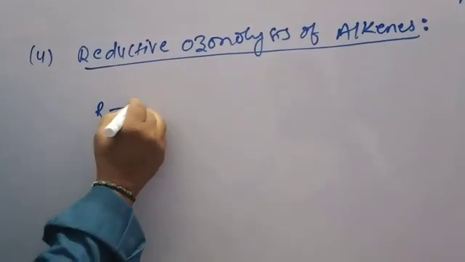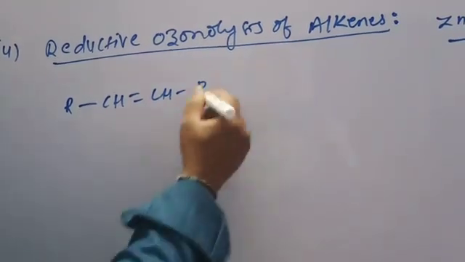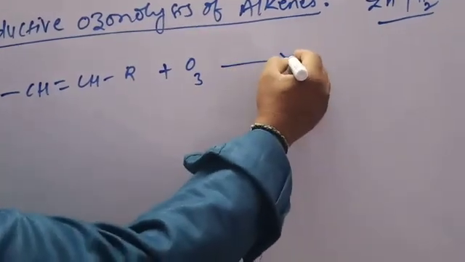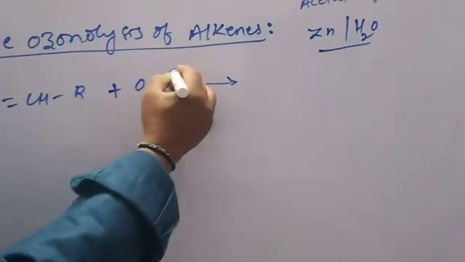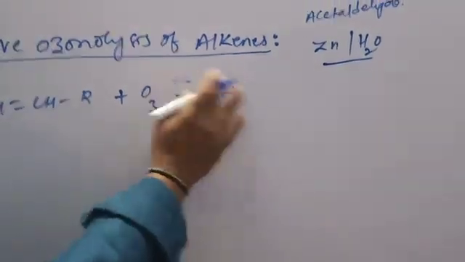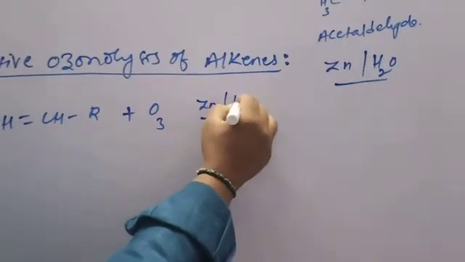For example, take R–CH=CH–R. It reacts with ozone, O3, in the presence of Zn and H2O.